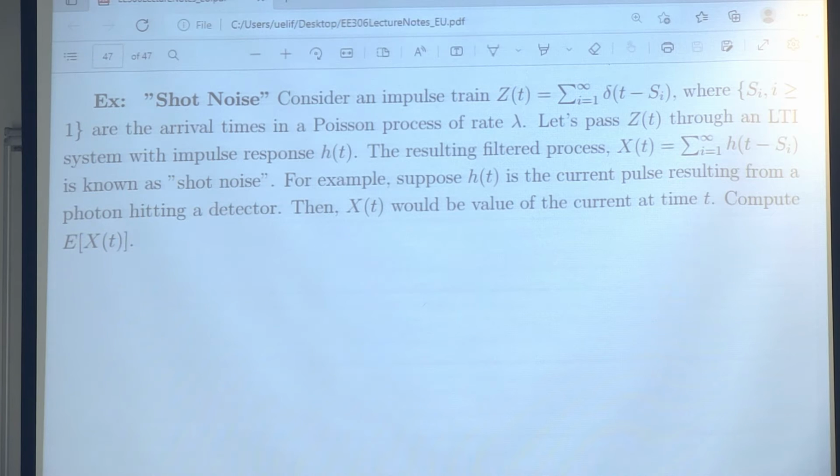As one of them is decaying, the other one starts, etc. So you have the sum of pulses. Okay, so what kind of random process is this? Let's try to understand. For example, let's compute its expectation.